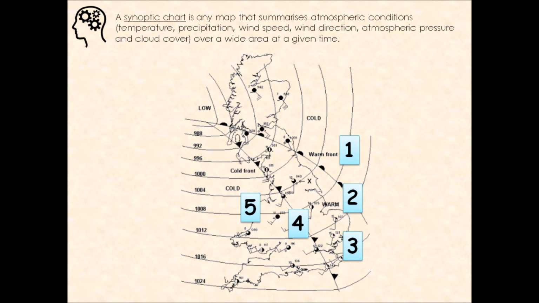whereas stage 4 is when we're on our cold front, and that again is indicated with a line with your triangles on, and that line can be blue if we're looking at a coloured synoptic chart to show the passage of a depression. And then stage 5 is where we would be behind the cold front. So a depression has those three elements: a warm front, a warm sector, and a cold front.